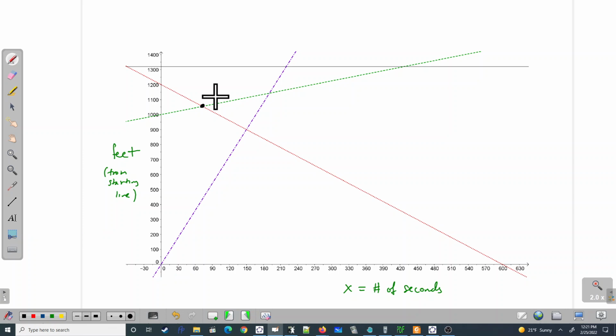This coordinate here works out to be 72.72 repeating, comma, 1054.54 repeating.